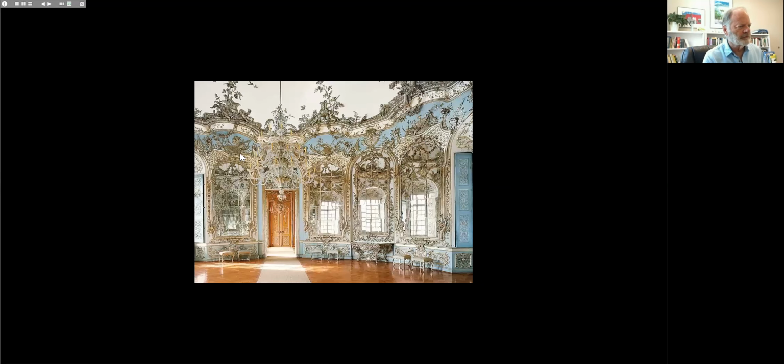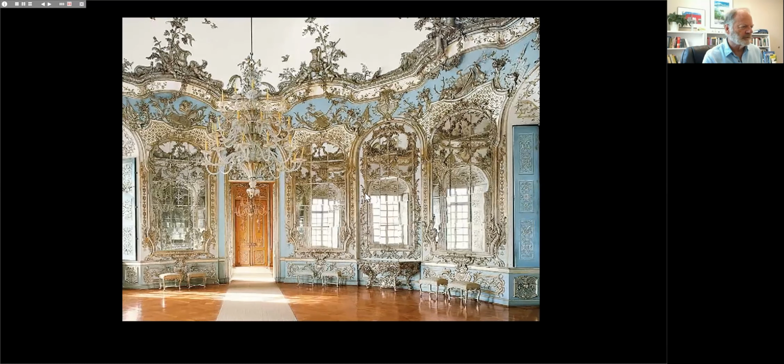The other room that's in your textbook now appears on the screen, and we're looking here at the central salon in the Amalienburg, which is a smallish kind of pavilion, not so much a residence, but a place where one might go for entertainment on the grounds of the Nymphenburg Palace just outside Munich.